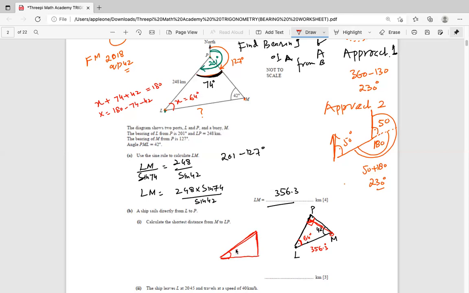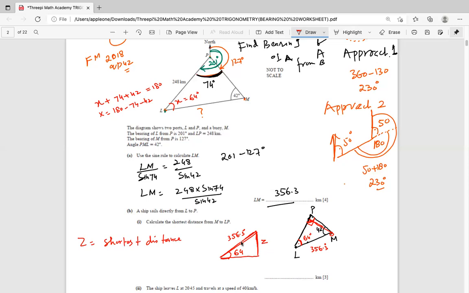This is the angle 64, and this is the hypotenuse, which is 356.3, and this is basically the shortest distance. Let's say the shortest distance is Z.